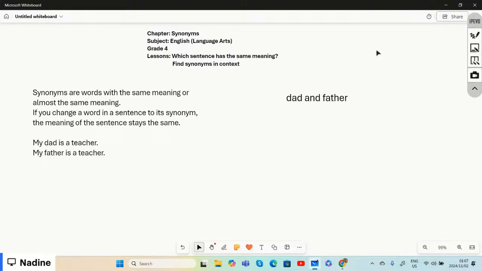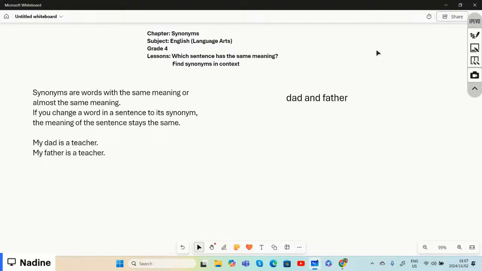If we look at a few words that are synonyms, they are different words, but the meanings are the same, or almost the same.